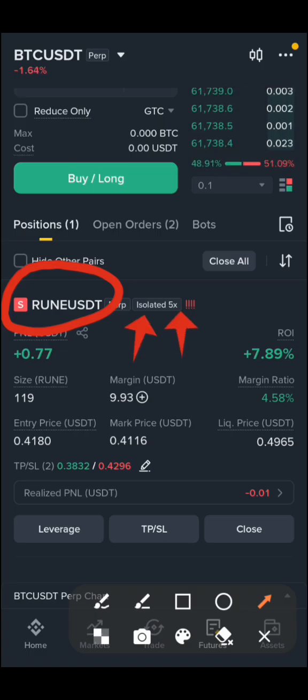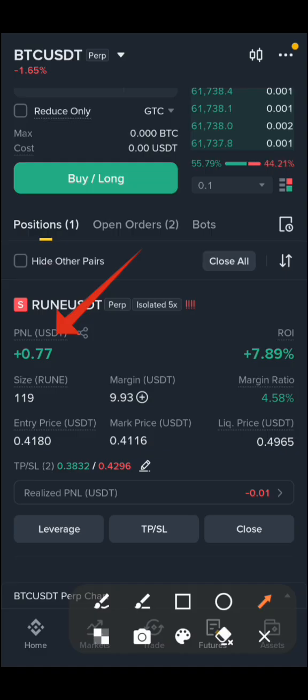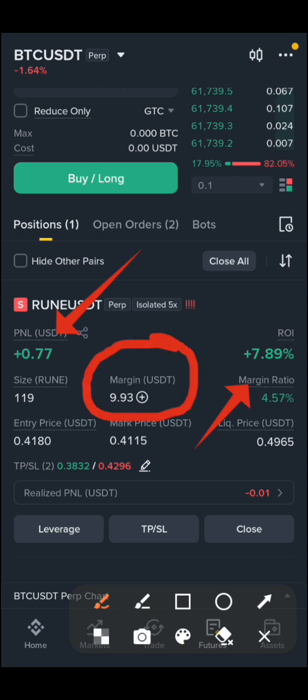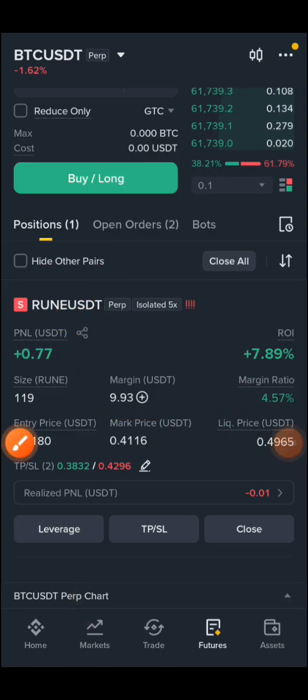This is the ROI percentage currently, and you can see this is my panel and this is the profit I've made so far, but the trade is still running. So far I've made 0.77 cents, and this is the margin ratio right here. You can take a look. This is the amount of USDT I used to trade this, and it's a short trade.